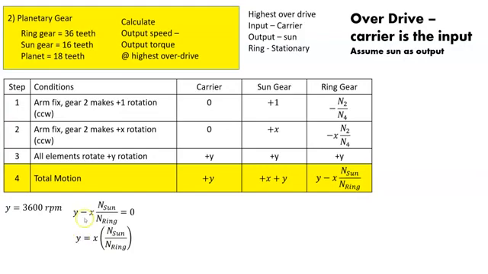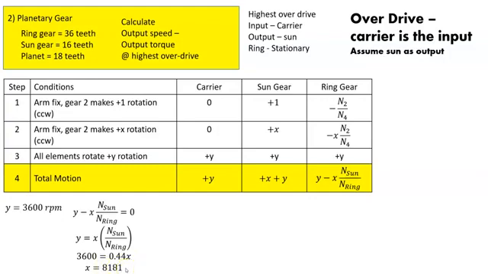Now we can add that ratio of sun to ring times X to both sides of the equation and have Y equal to X times the number of teeth in the sun divided by the number of teeth in the ring. Now we substitute for these values: we have 3,600, which we do know for Y, and that ratio comes out to 0.44 times X. We can get a value for X.